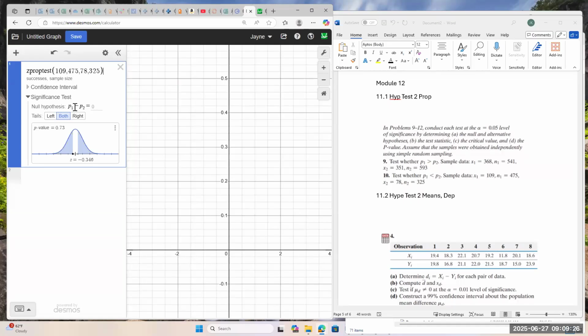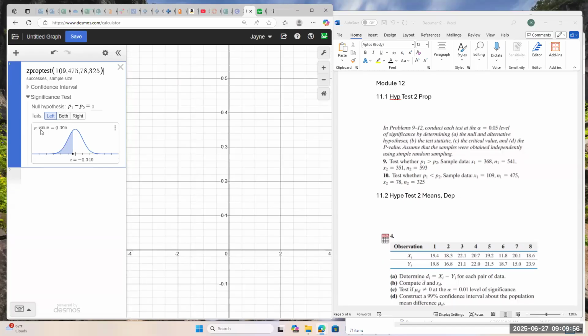If I'm testing P1 less than P2, that would mean P1 minus P2 is less than 0, or to the left, so this would be a left-tailed test. If I'm testing P1 greater than P2, then P1 minus P2 would be greater than 0, so I would do the right-tailed test. And of course, both would give me the two-tailed test.